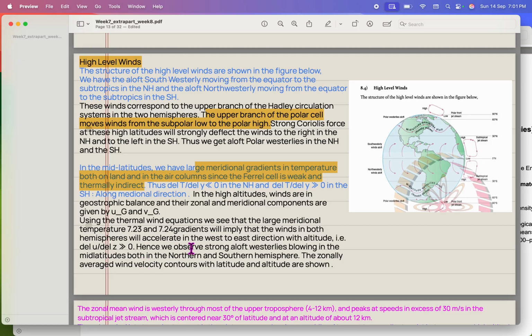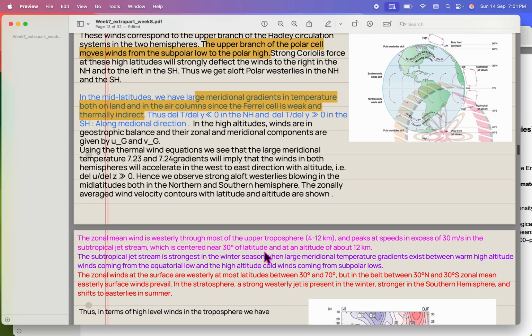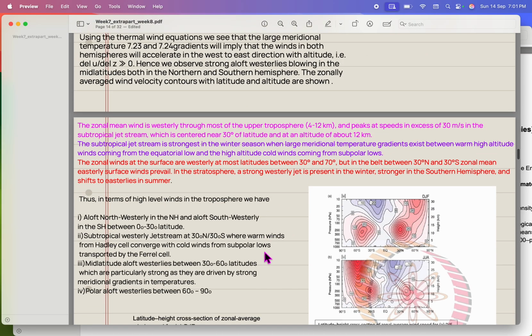Hence we observe strong aloft westerlies blowing in the mid latitudes in both the northern and the southern hemispheres. The zonally averaged wind velocity contours have been shown here.